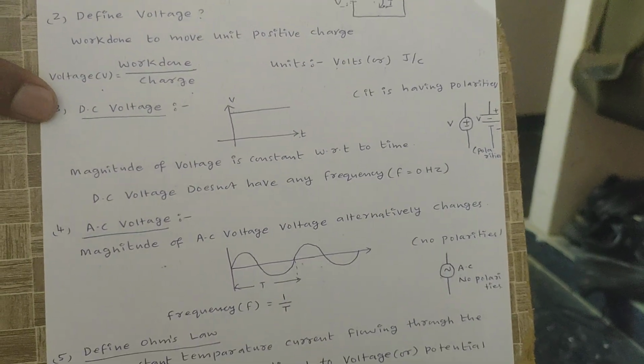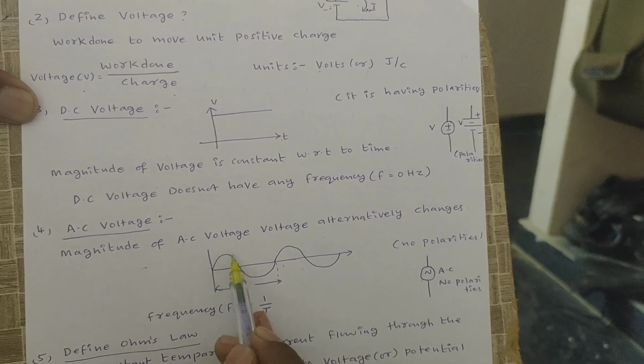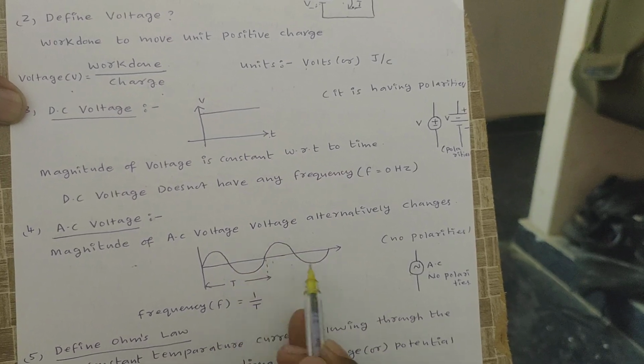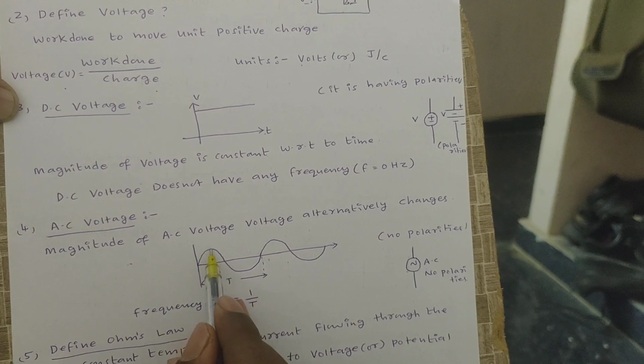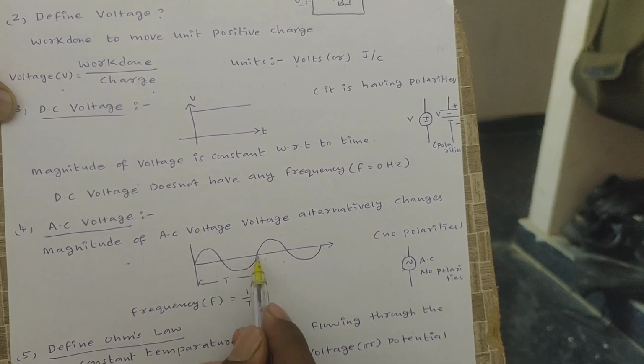Next, AC voltage. This is the nature of AC supply. The magnitude of voltage and current alternately changes. That means voltage changes from 0 to 230 for a single phase system, 230 to 0, 0 to minus 230, again minus 230 to 0.